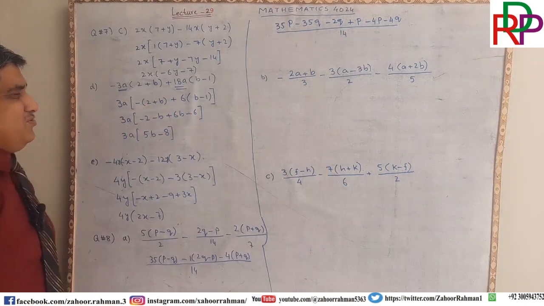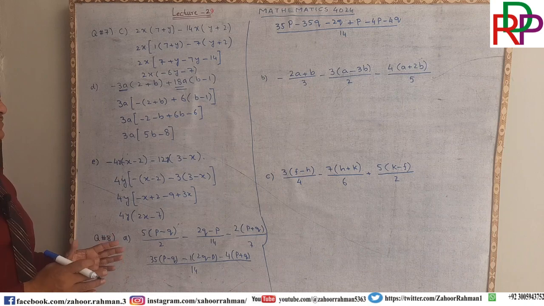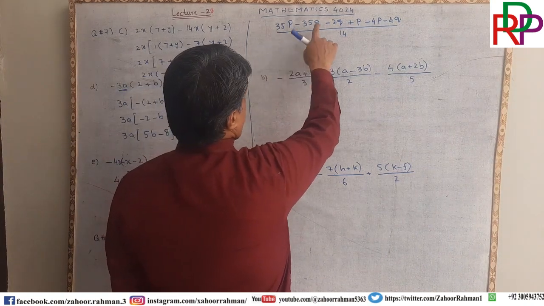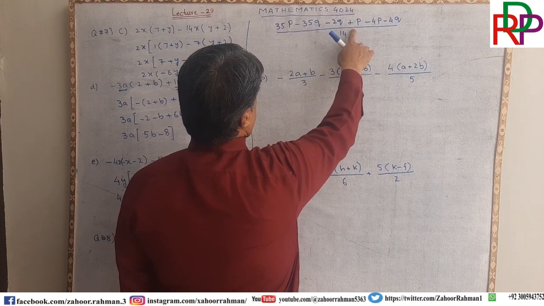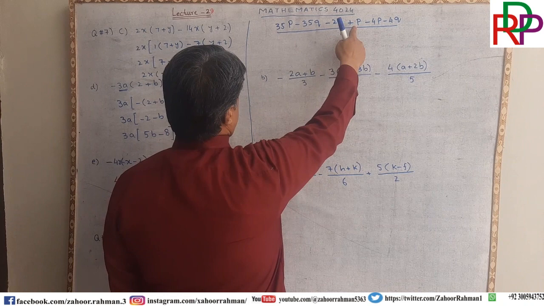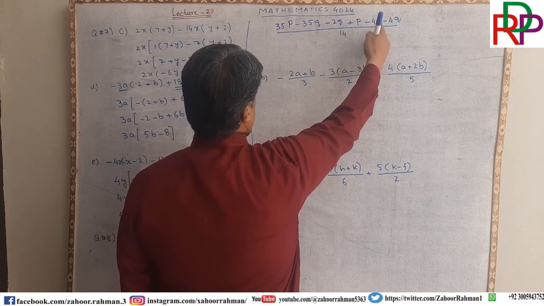Ladies and gentlemen, now we have to add corresponding elements. 35p and p, so 36p, and minus 4p.